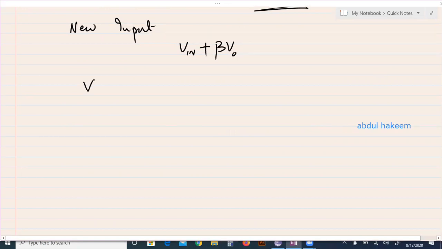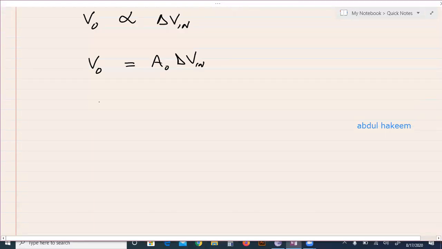So according to this rule, output is directly proportional to the difference of the input. So output is equal to A naught times the difference of the input. So what is the difference?